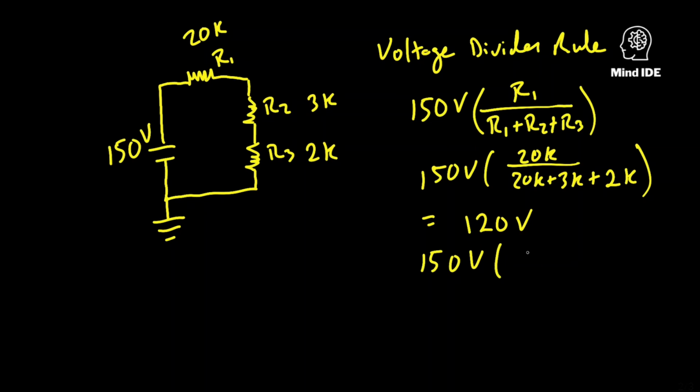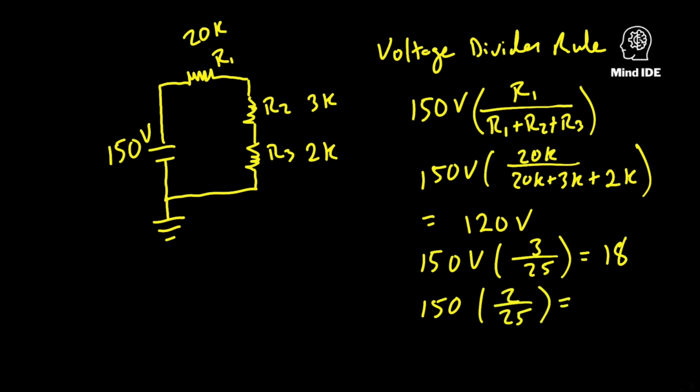150 times 3 over 25 is 18. And 150 times 2 over 25, 2 over 25 is 12.